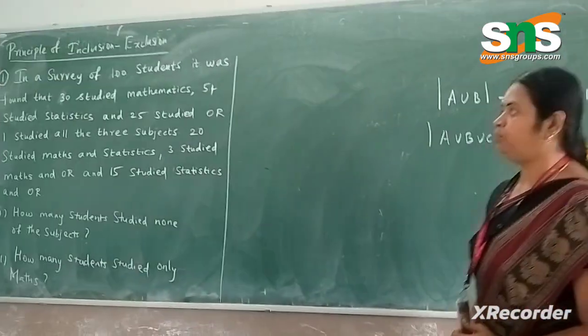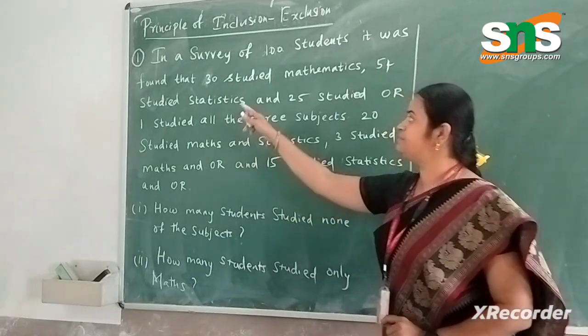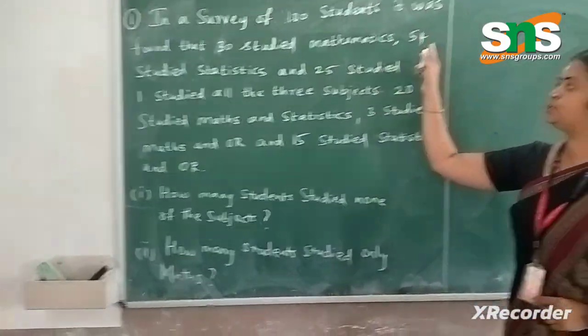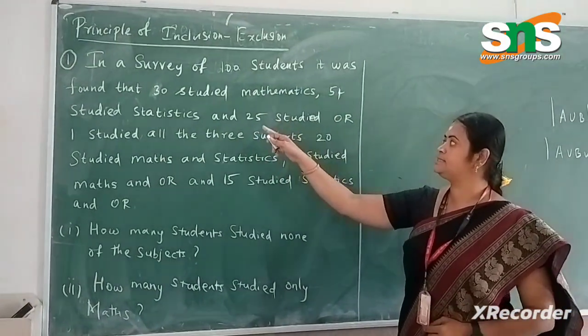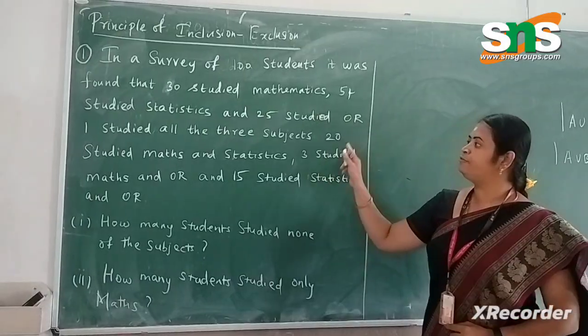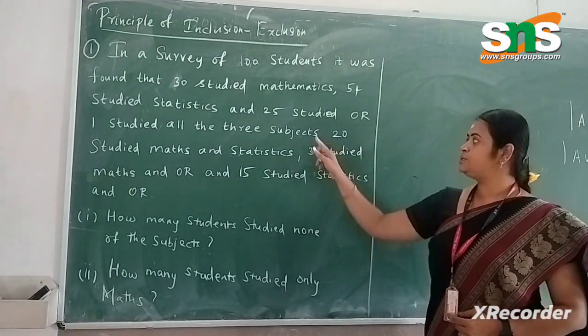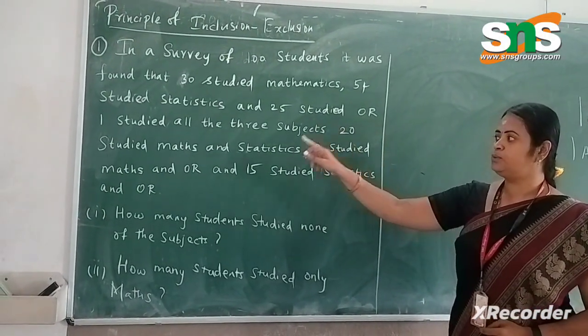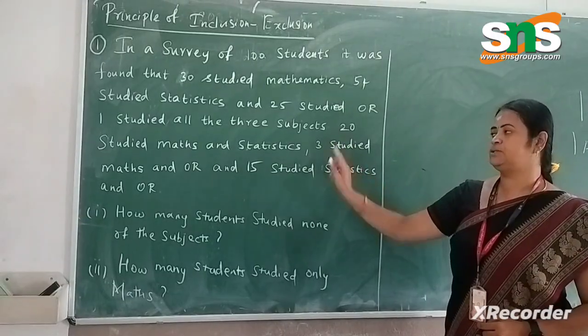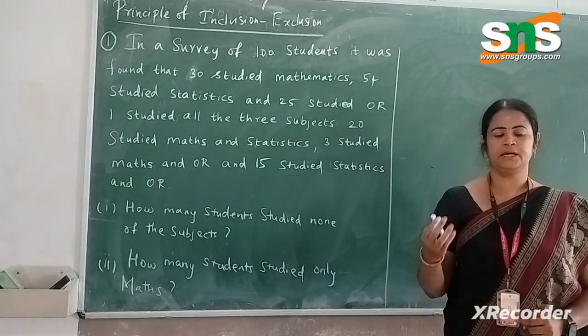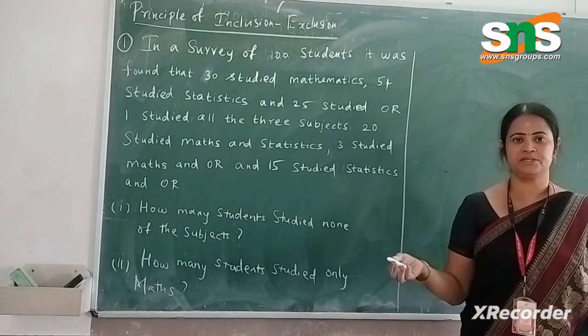Now let us come to the problem. What is given? In a survey of 100 students, it was found that 30 studied mathematics, 54 studied statistics and 25 studied OR, and 1 studied all the 3 subjects. So totally we are having 3 subjects: mathematics, statistics and operations research.